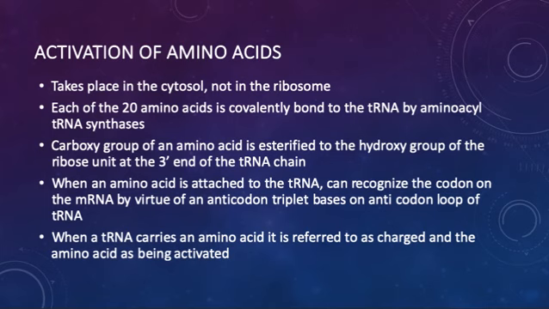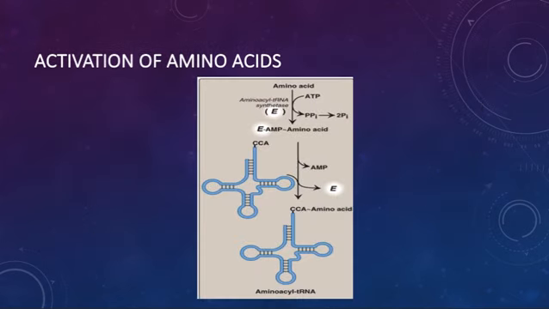Okay, so then we'll just have a look at how the amino acid gets activated. As you can see here, the amino acid in the presence of aminoacyl tRNA synthetase, this enzyme requires ATP and gets converted to form the enzyme-AMP-amino acid complex. Now this enzyme-bound amino acid gets charged, or gets attached, to the tRNA.